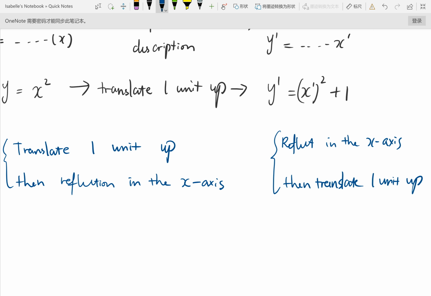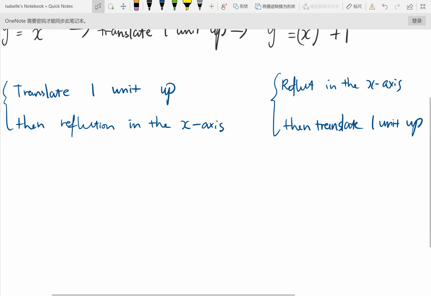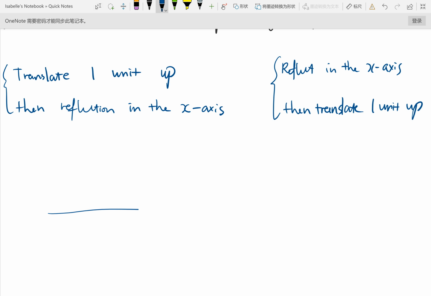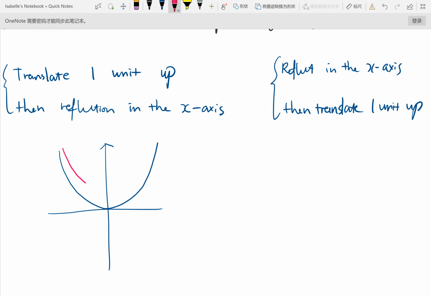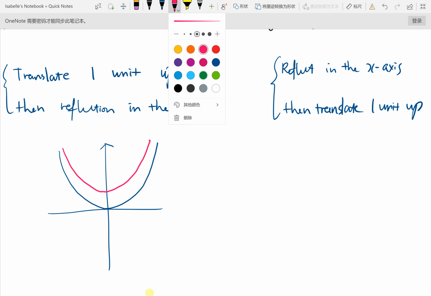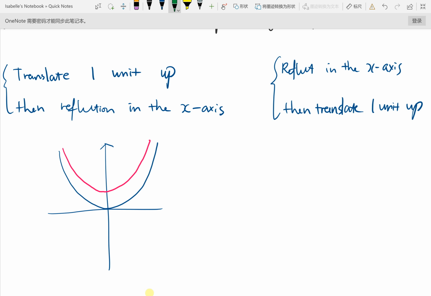They will be 2 different things. The order is important. If we say the same types of transformation but the order is different, then the resultant graph will be different. Let's just do the example. If we have y equals x squared, and we move up by 1 unit, and then reflect in the x-axis, that's 0, 1. So reflect in the x-axis.